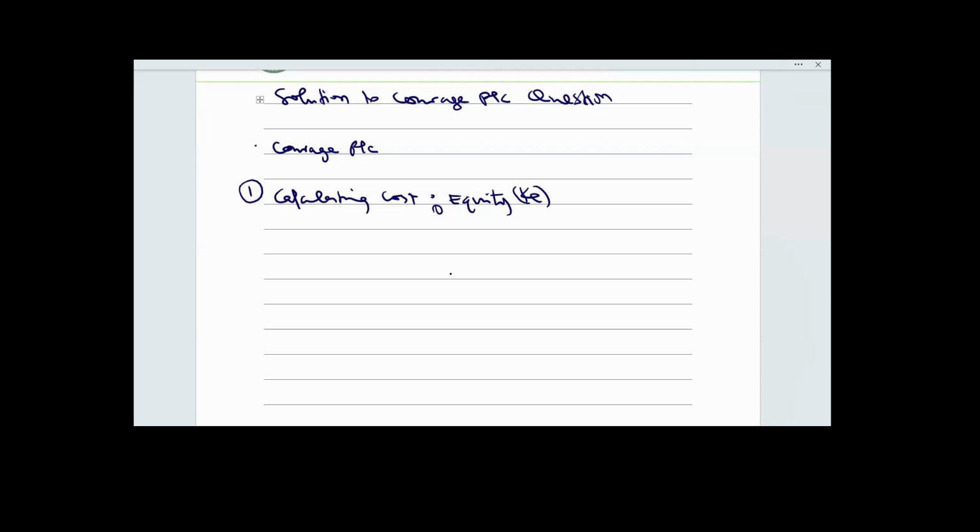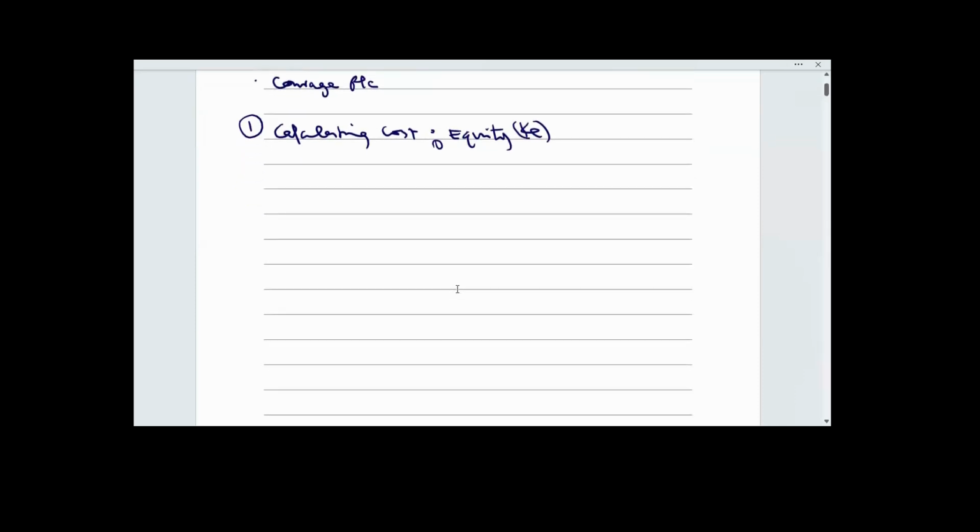Okay, so we have identified from the question that we are using the dividend valuation model. Why? Because we are given information on dividend and then share price. In this case, cost of equity equals, and we have also identified from the question that dividend will increase because we are given information on earnings as well as the capital employed.